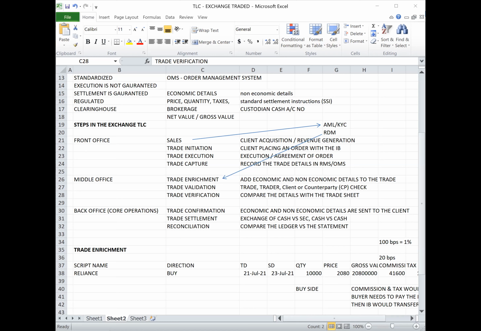The idea is, what if the trade details were incorrectly punched in the system by mistake? So you match the trade sheet for that trade against the details captured in the system by the front office person. It acts like a double check. Are we clear?